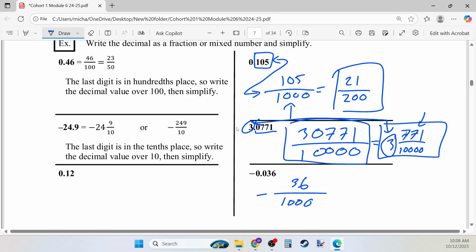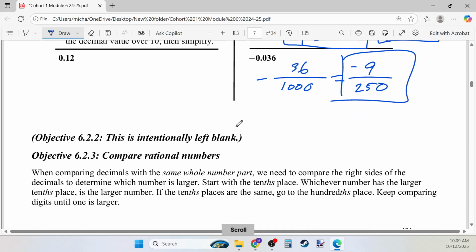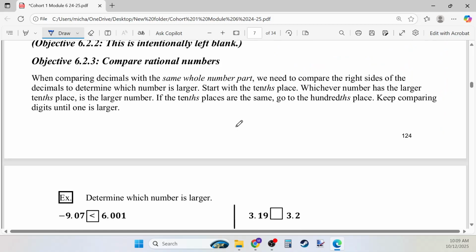I look a little closer and I can see they're actually both divisible by 4. So I divide the top by 4, and I divide the bottom by 4, and this is my reduced fraction. 2 and 5 don't go into 9, so I don't have anything more to divide by. I think you can handle the rest in that section by yourselves.